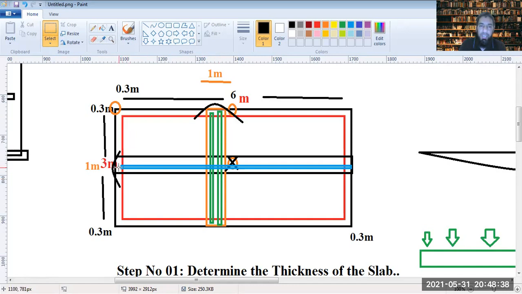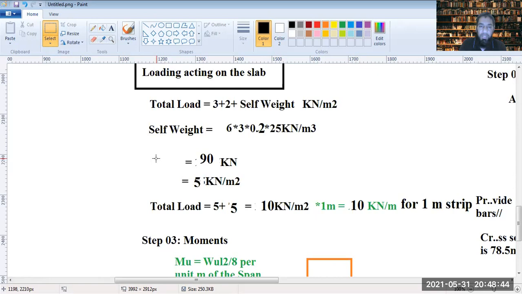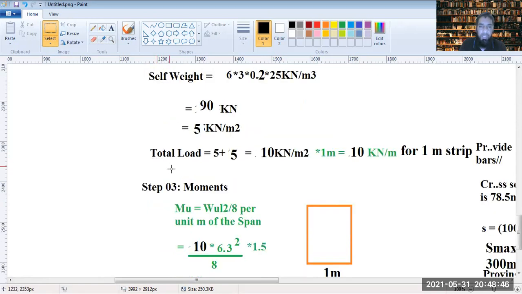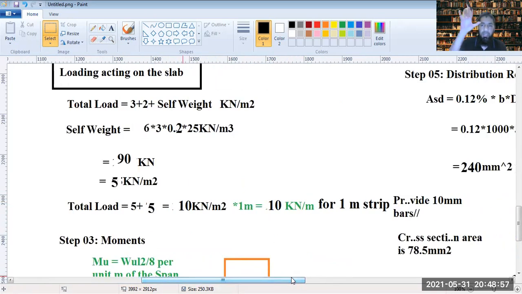We take a beam of unit width, which is 1 meter, and calculate the total load, which is the area load, acting over the slab per meter. We can calculate that over a unit strip as a UDL.